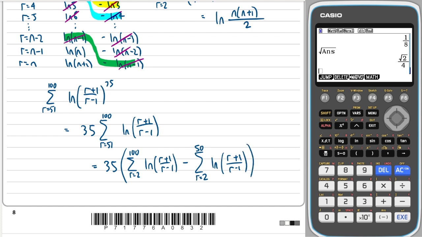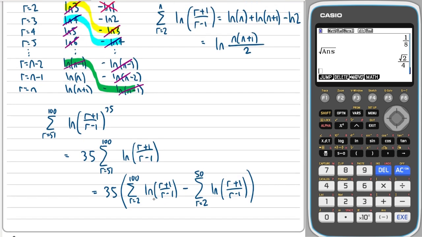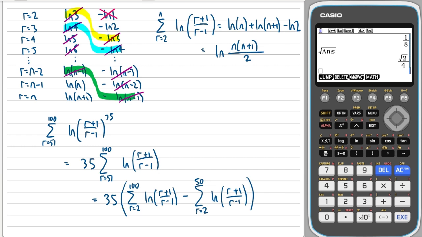So let's just double check that makes sense. This is going to give me all the numbers from 2 to 100, and then I'm going to take away all the numbers from 2 to 50, so that will leave me with just the numbers between 51 and 100. And we know what these summations are, because we've already shown that if you want to go up to n from 2, then all you need to do is sub n into this formula here.